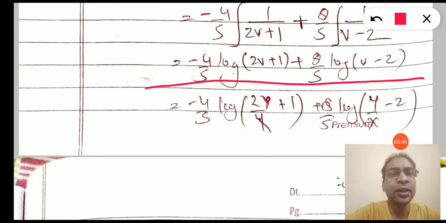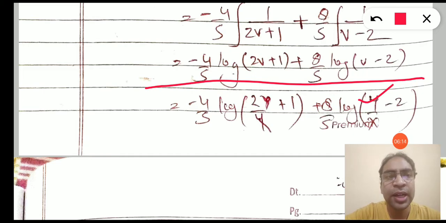Once we have integrated this, the v will be substituted back. If you remember, we substituted y upon x with v just to solve the homogeneous equation. So v will be substituted back as y upon x wherever you have v, and this y upon x is capital Y upon capital X. So we need to substitute these also.